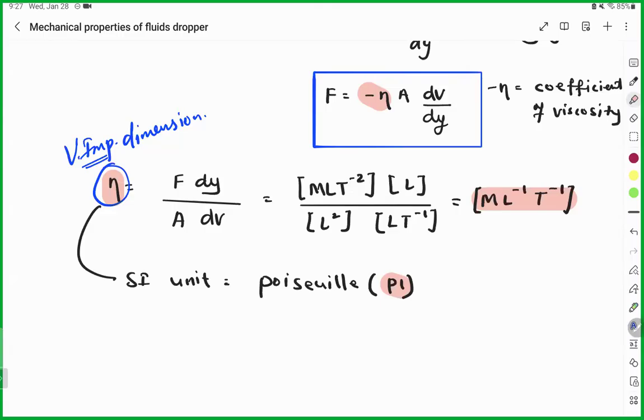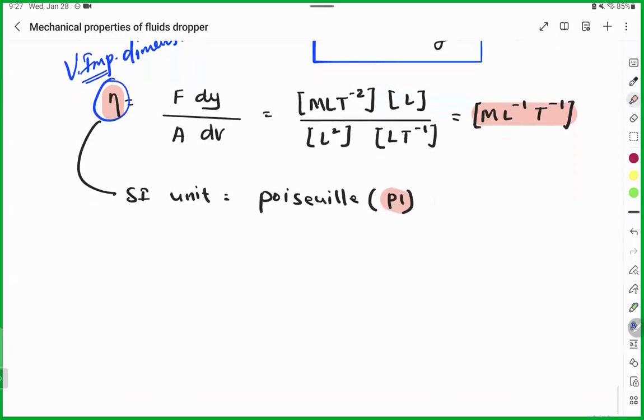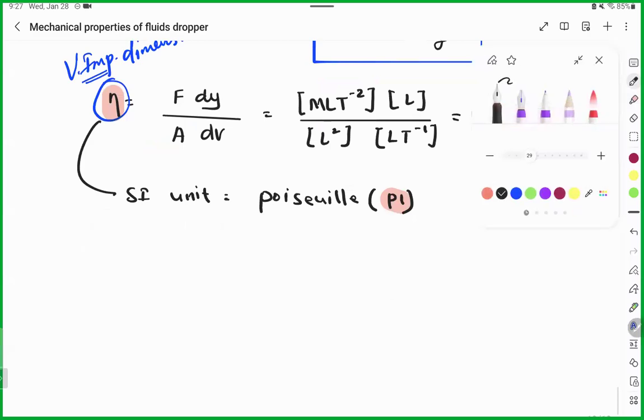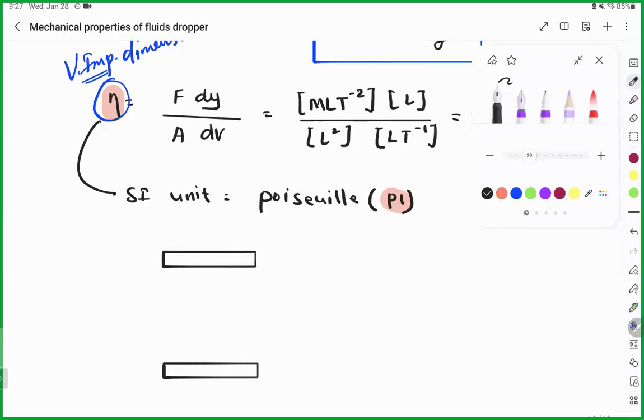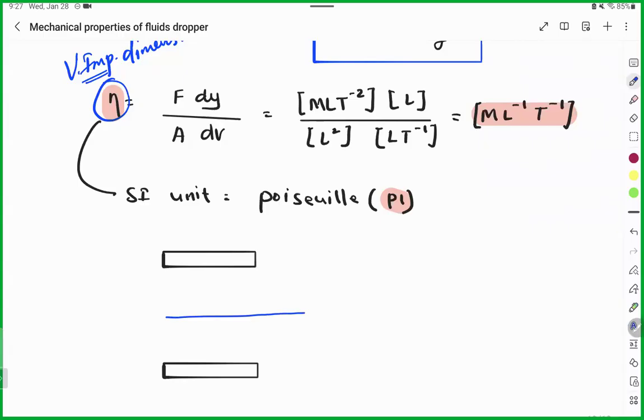By the way, I will also draw one diagram to explain it to you. For example, you have one fixed surface above and another fixed surface below, and you want to calculate the speed. You will see that in the middle you have maximum speed, and toward the other sides it keeps on decreasing.